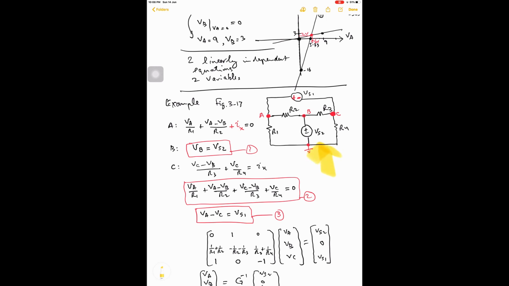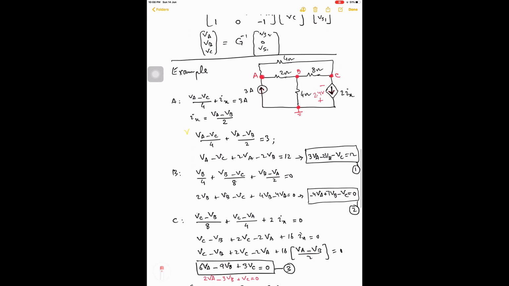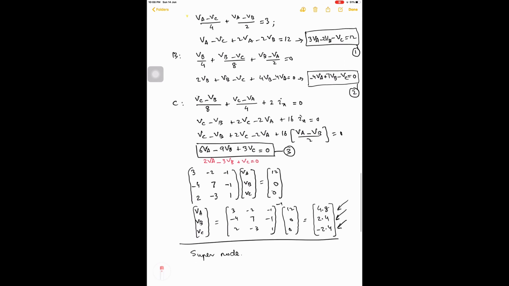I'll discuss it in the next lecture: the concept of supernode, when a voltage source appears between two non-ground or non-reference nodes. So I'll discuss the second method of solving this circuit in the next lecture. Sorry for the confusion with this circuit.